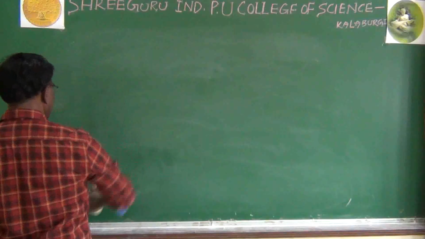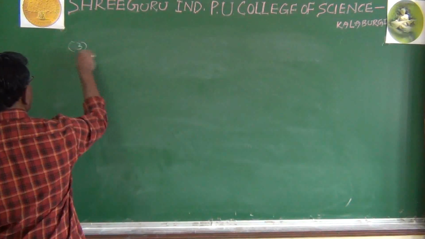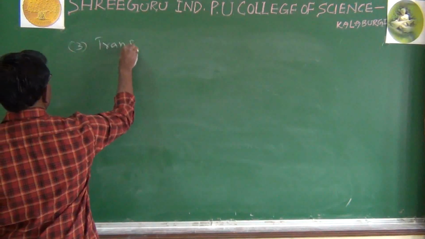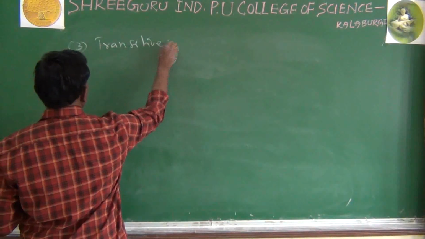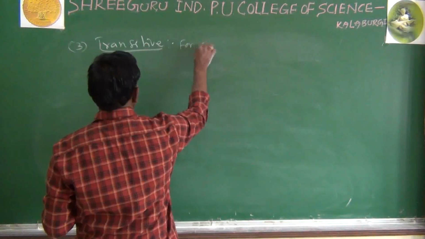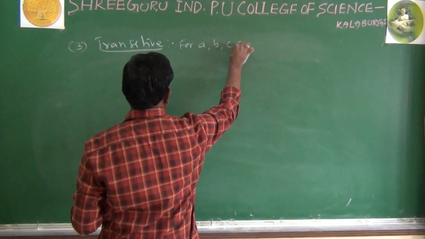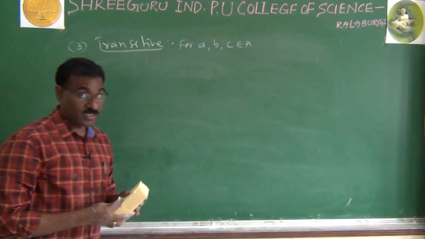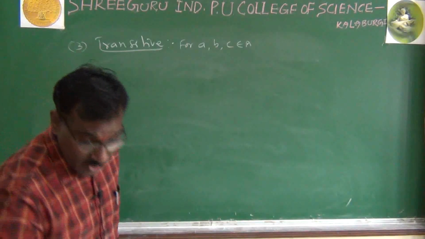Okay, then what is next? The third one, the last one, is transitive. In a transitive relation, how many elements are you choosing? Three elements, yes, very good. You have to choose three elements. So how many ordered pairs are given?